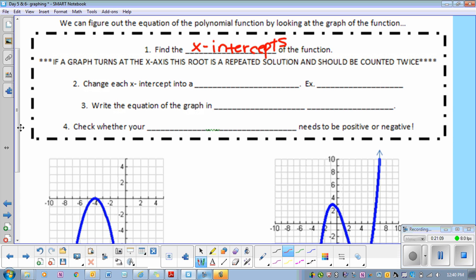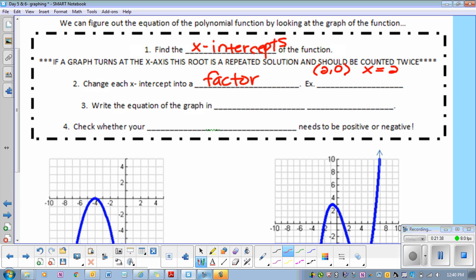Then you want to change each x-intercept into a factor. This is very similar to what we did before in a previous lesson. If my x-intercept is, say, at (2, 0), then I can think of that as x equals 2.